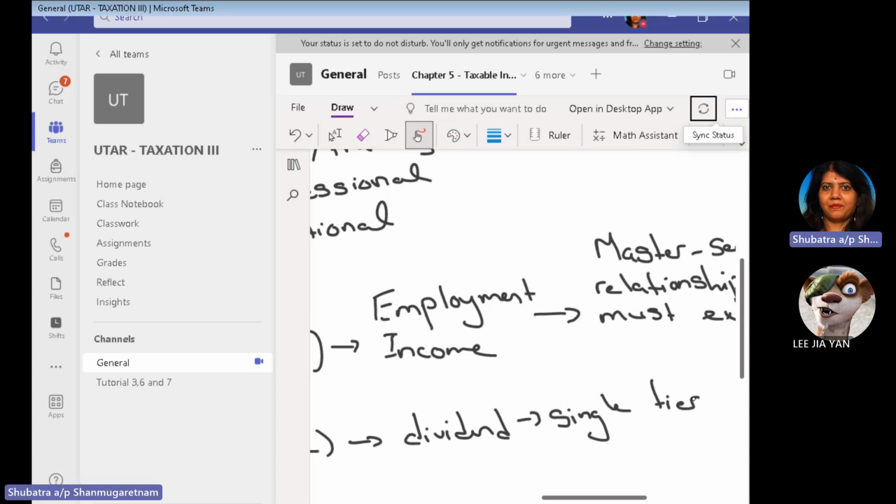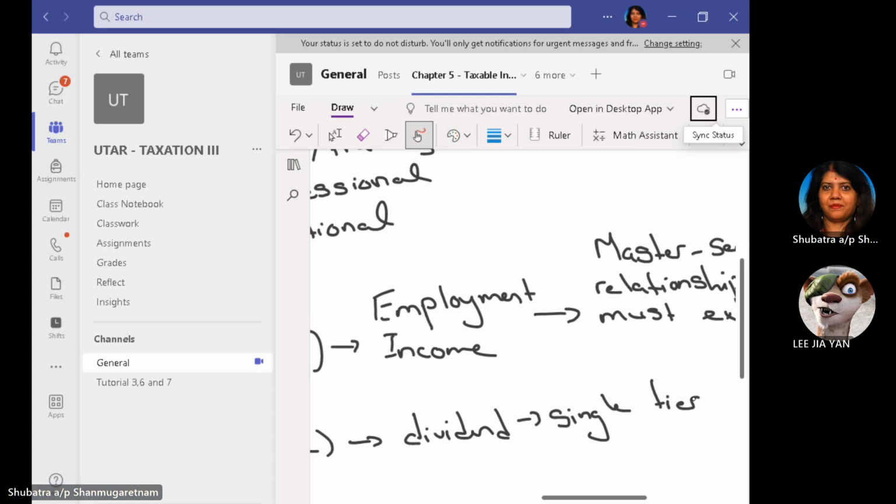Single tier is only for companies registered in Bursa Malaysia. For companies giving single tier dividend, it's exempted.